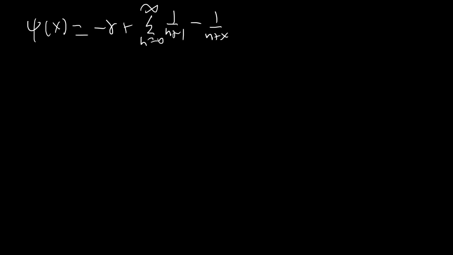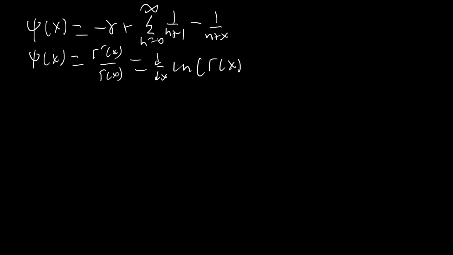Okay, and the reason we're using the digamma function is because, as I stated before, digamma of x is equal to gamma prime of x over gamma of x, which is equal to the derivative of the natural log of the gamma function. So if we can create an expression for digamma of x, we can also create an equivalent expression for gamma of x, just integrating it and raising e to the power of it, and we can get gamma of x.